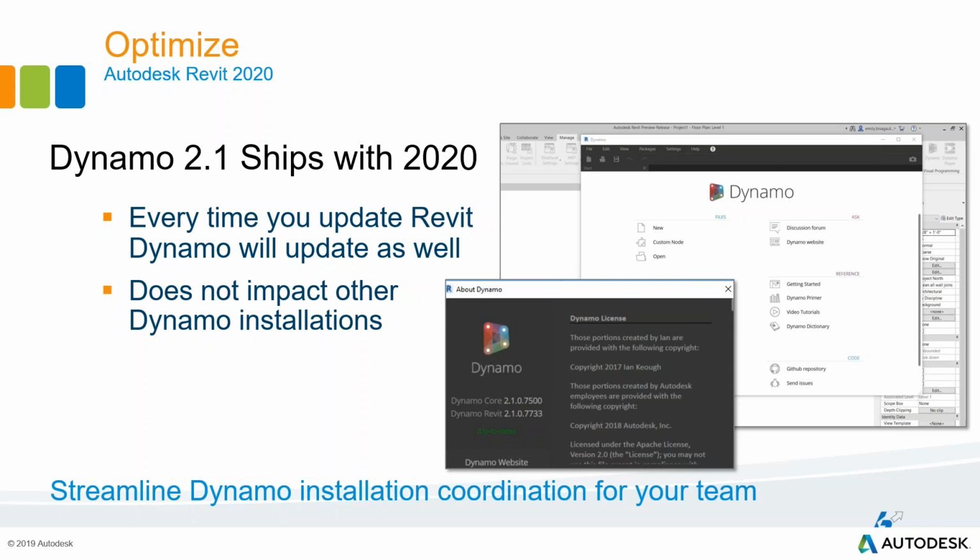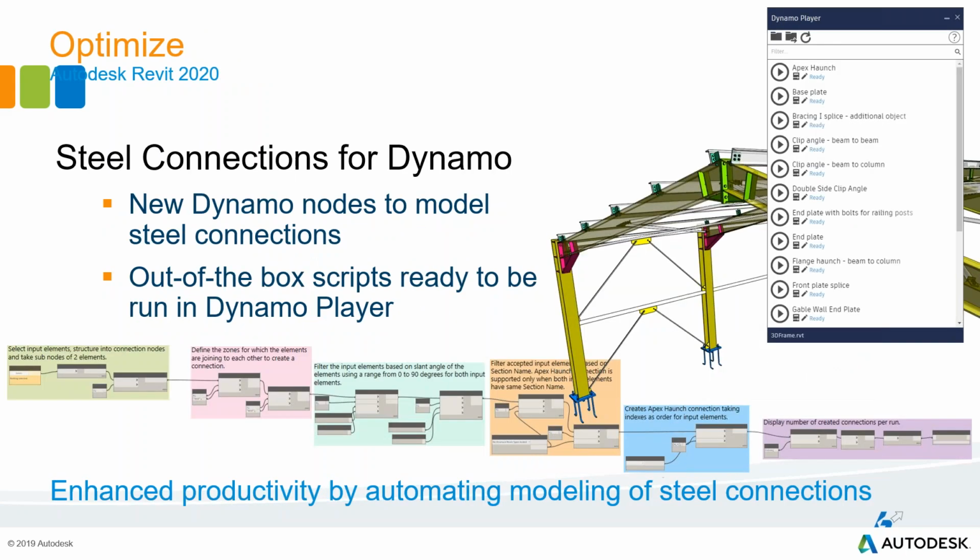Running any version of Dynamo other than 2.1 will be unsupported moving forward. And also, one version of Dynamo will not be supported across multiple versions of Revit. So this is good because you will spend less time managing your installations and more time using Dynamo.